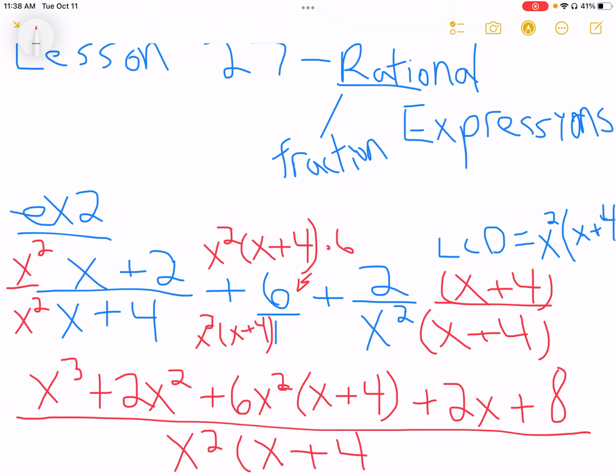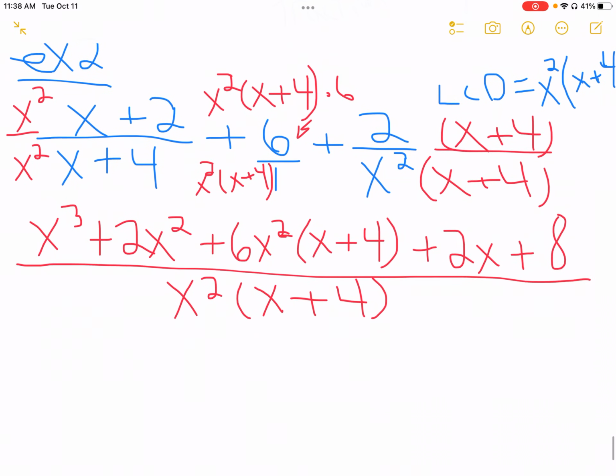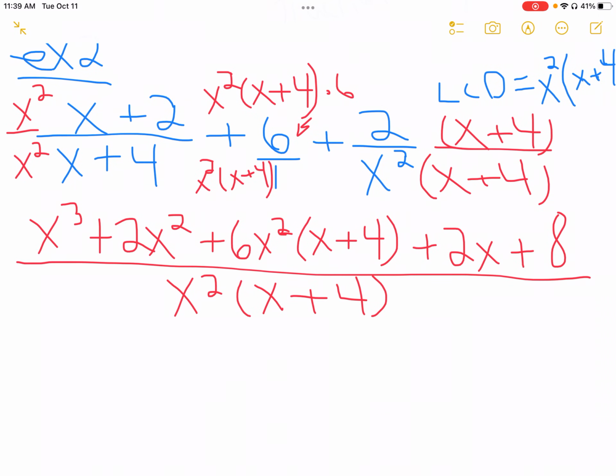So that means on the top, we can go ahead and add anything that has a like term. So let's go ahead and write each one of these out. So we have x cubed plus 2x squared plus, and then this one would become 6x to the third, okay?